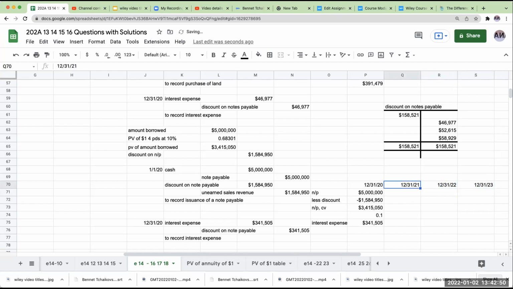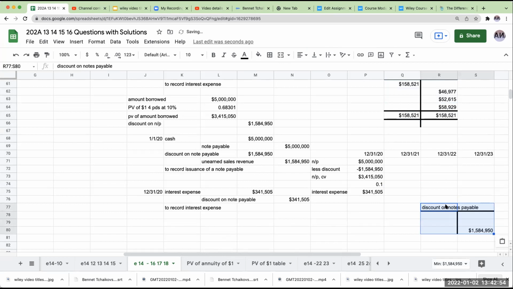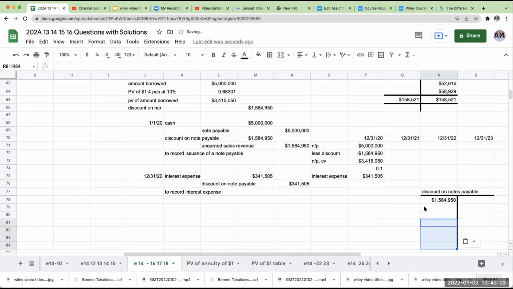Okay. So let's now take a look at our discount on notes payable. I always like to do this just to make sure that we're all on the same page and my numbers work out. So after this year, I went through and amortized my discount on notes payable by $341,505. So the following year, my new discount amount is $1,584,950 plus the amount of the interest expense I recognized in the previous year.